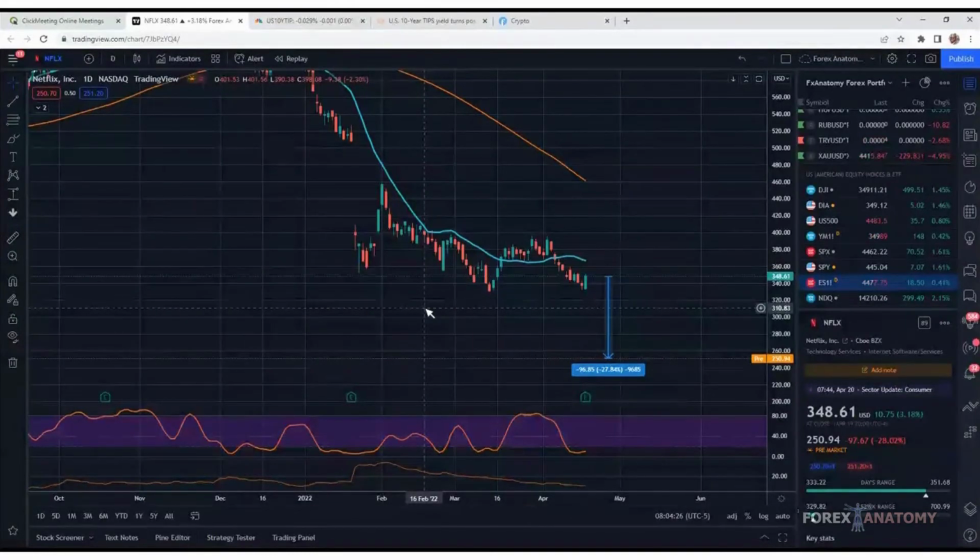I know the IMF came out with their report yesterday that they downgraded their growth forecast to like 3.6% global growth for 2022. So maybe that was the news that helped to spur the rally yesterday with US stocks.